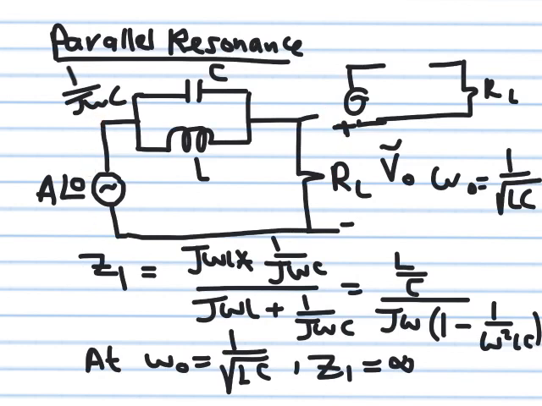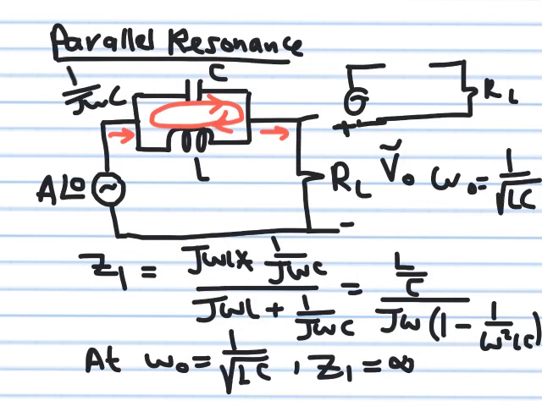At the resonance frequency, the output will drop to 0 because these two effectively represent an open circuit. What is happening here is that the current going through the inductor and the current going through the capacitor are equal and of opposite signs, so they create their own loop. And when they create their own loop, this means that the current flowing in will be 0 and the current flowing out will be 0.